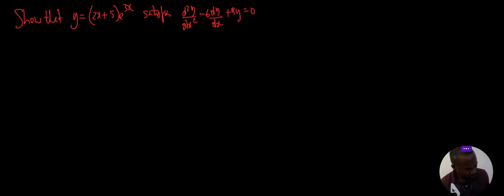So we're given this equation y equals 2x plus 5 times e to the 3x, and we're asked to show that it satisfies the equation d2y by dx squared minus 6 dy by dx plus 9y equals 0.